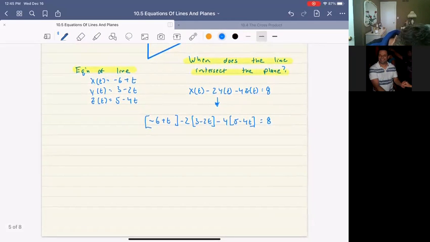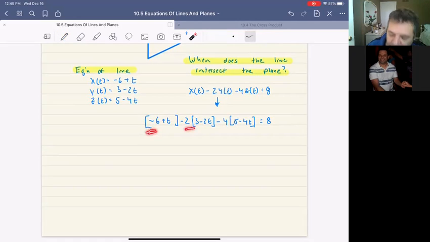That means we're going to have -6 minus 12 minus 20, so minus 26. How many t's are we going to have? t plus 4t is 5t, plus 16t is 21t, equals 8.